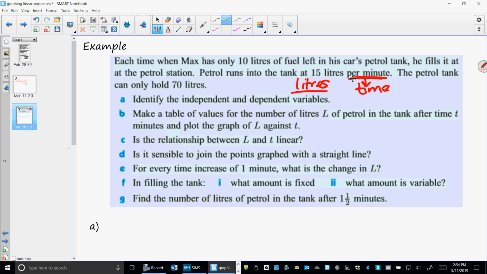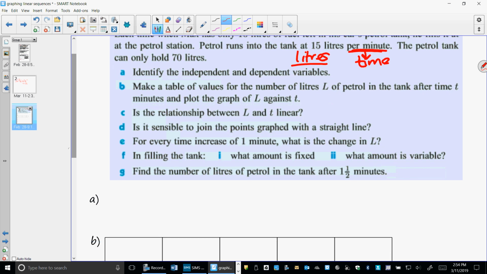Which one of those do you think is your independent variable? Time, good girl. So our independent variable, let's write here, independent is time. The dependent variable would be litres.